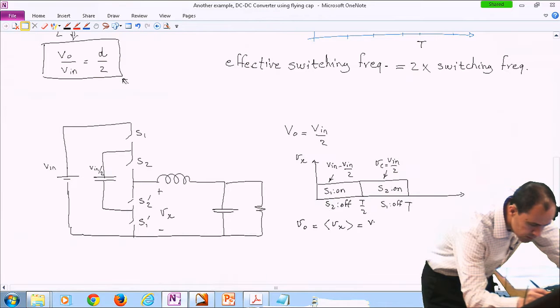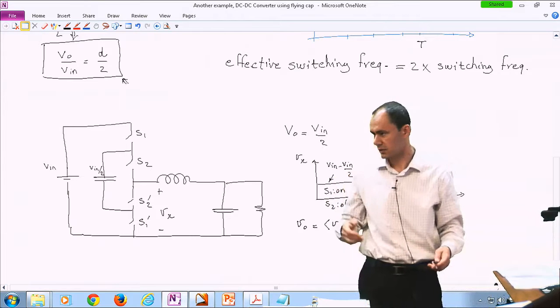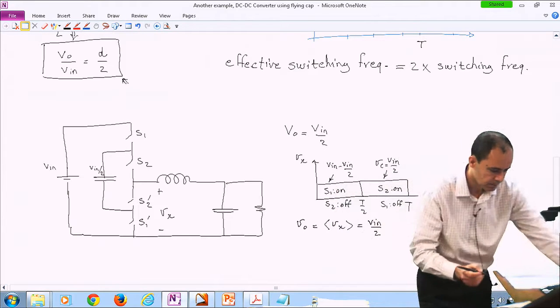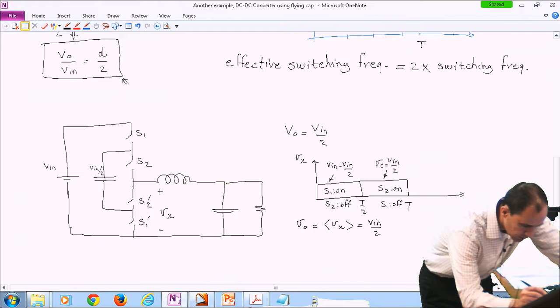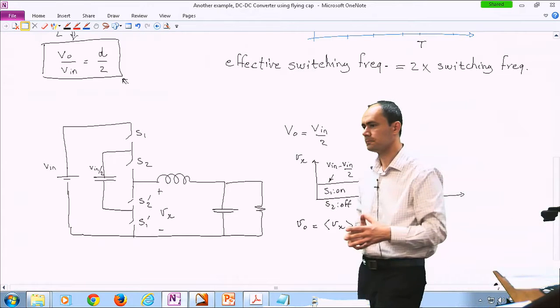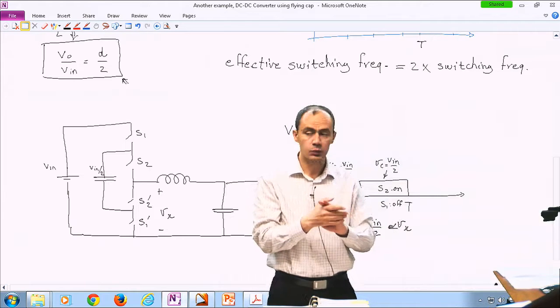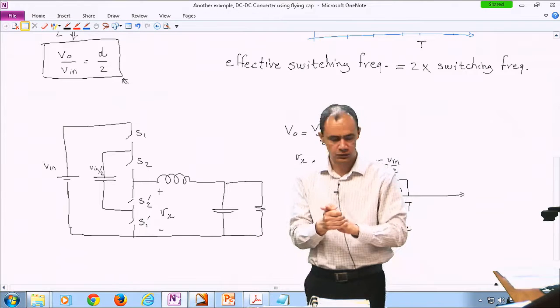Therefore, it is Vin over 2 if we neglect the ripple on the voltage of the capacitor. So technically you can say Vx is almost Vin over 2. Remember, this only is true if we want the output voltage to be half of the input voltage.